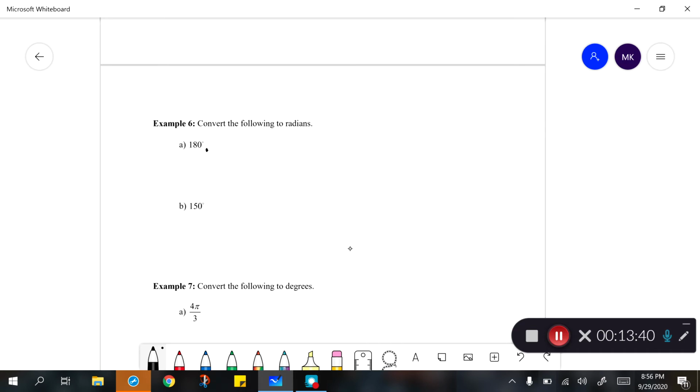So I'm going to multiply this by pi over 180 degrees. Now 180 and 180 cancel out, so this is just pi radians. Okay. Now I am missing something here.